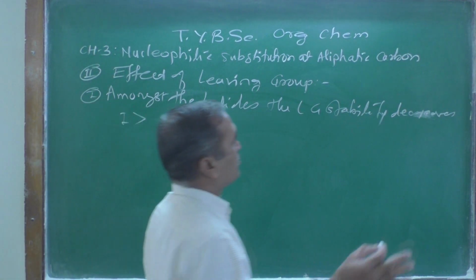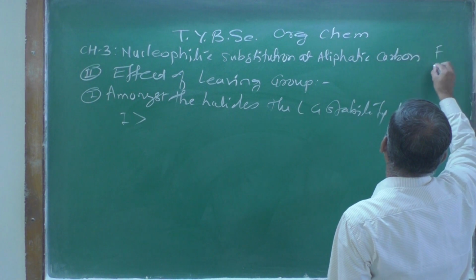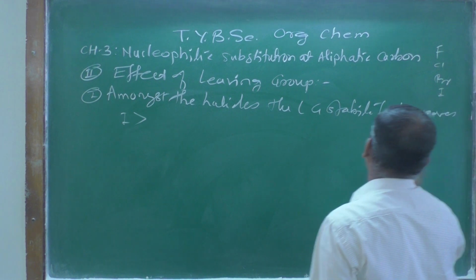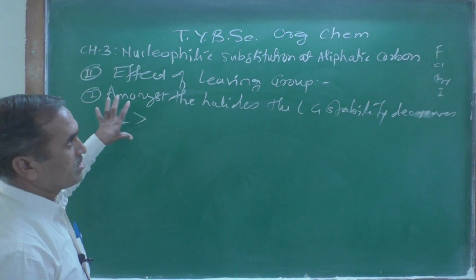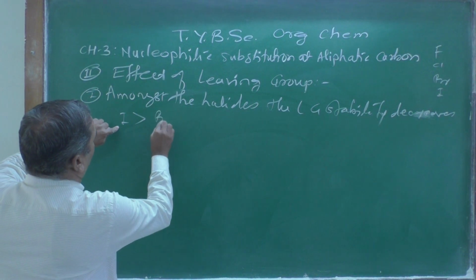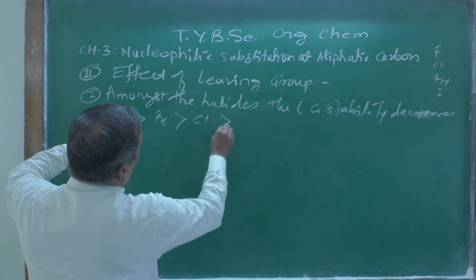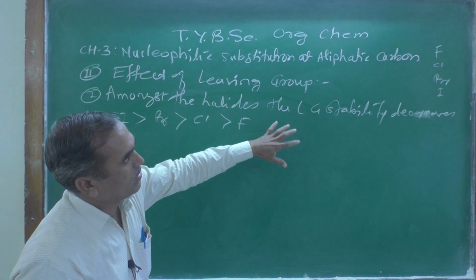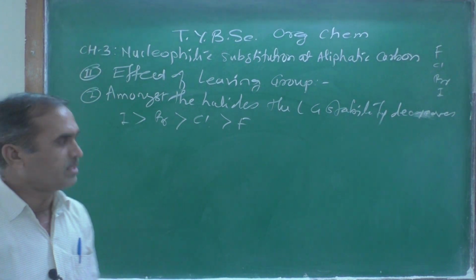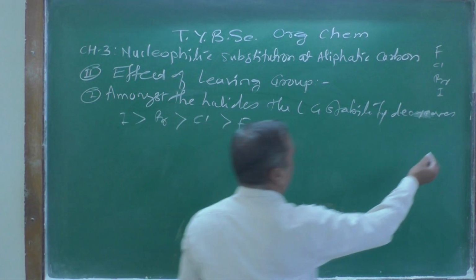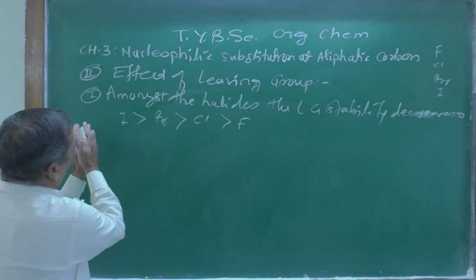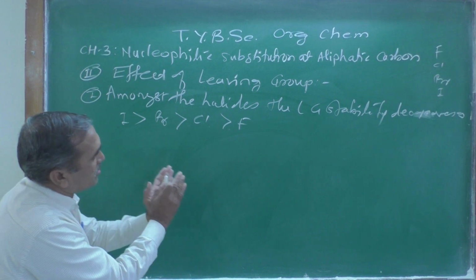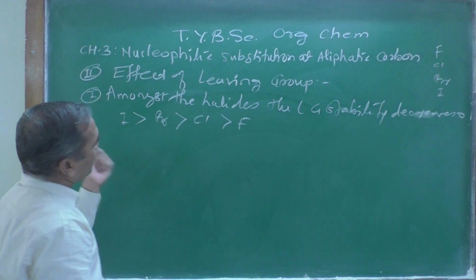As we know the halogen family members: fluorine, chlorine, bromine, iodine and astatine. Don't think about astatine, but this is iodine, then bromine, then chlorine and then fluorine. Look, amongst the halides the leaving group stability decreases. Why does it decrease like this? If you go from left to right, there is a decrease in the stability of the leaving group.